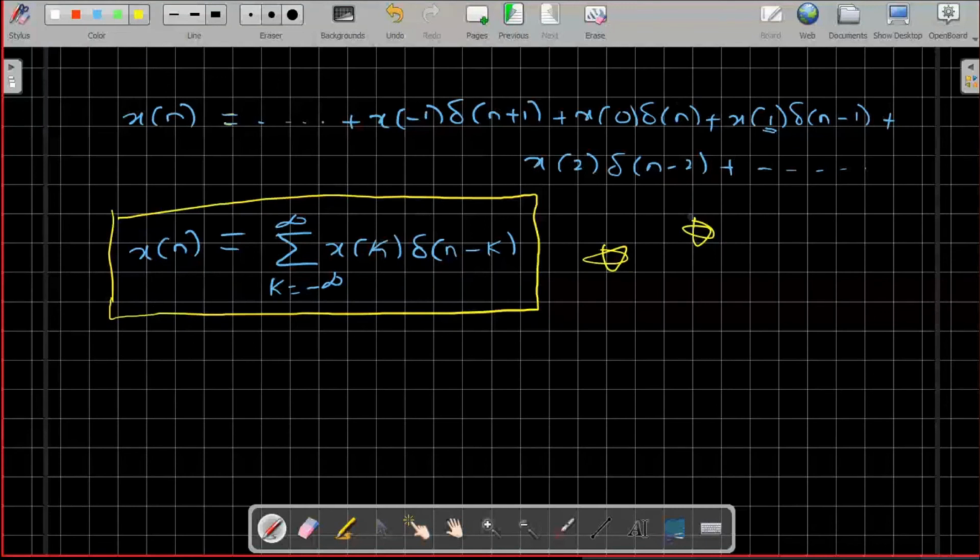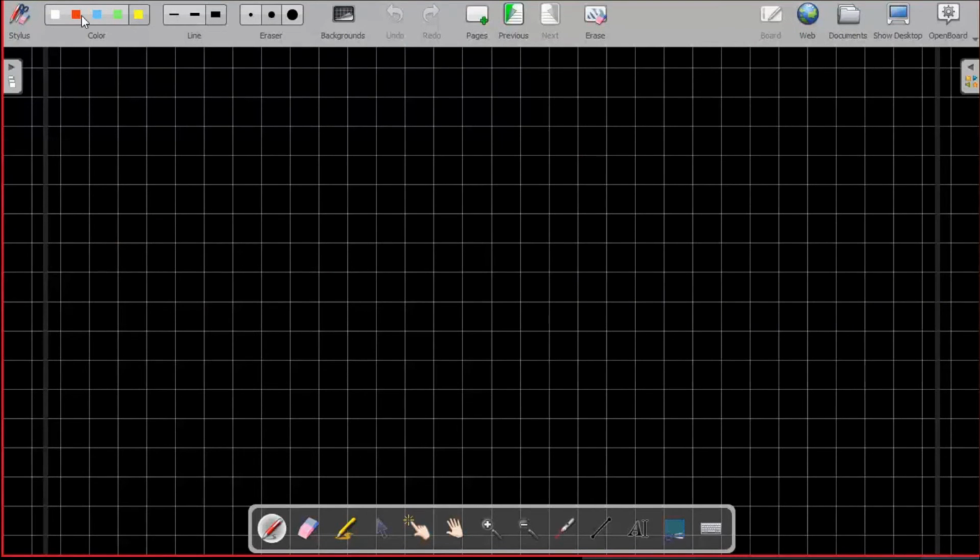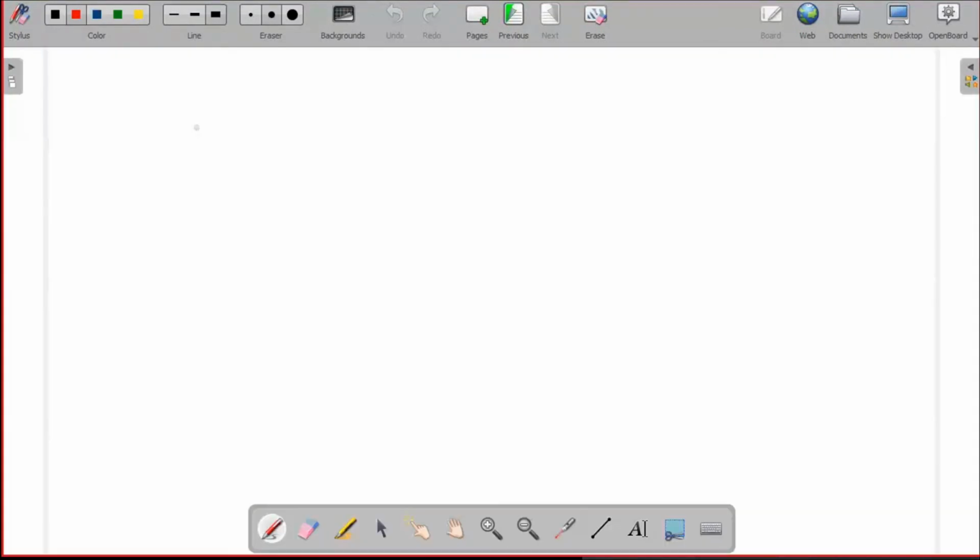Okay. Now the response of an LTI system. Now we covered how we are representing the arbitrary discrete time signal. Representation of an arbitrary signal is completed. Next, see, the response of an LTI system.